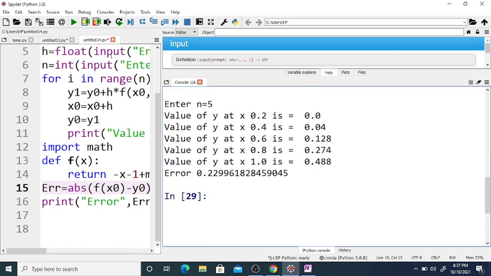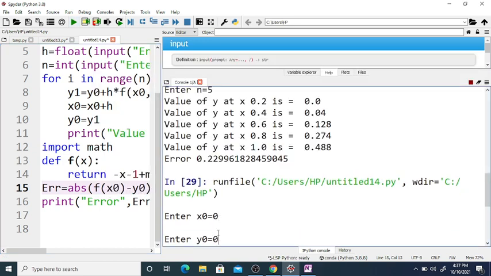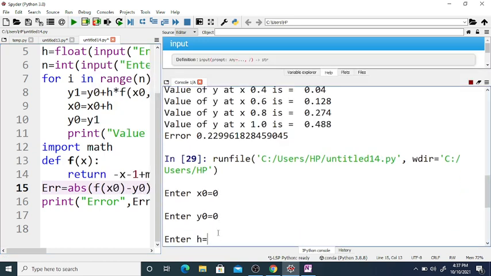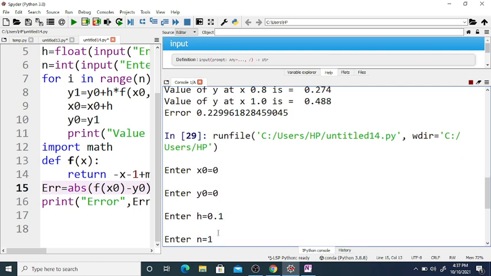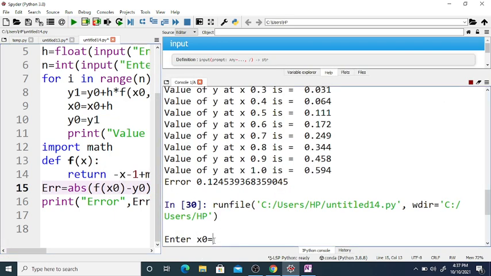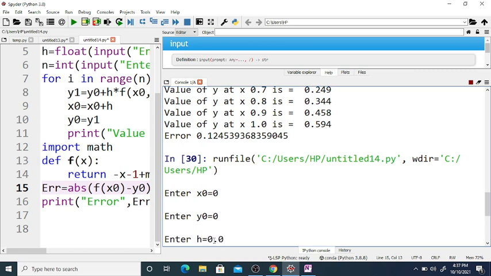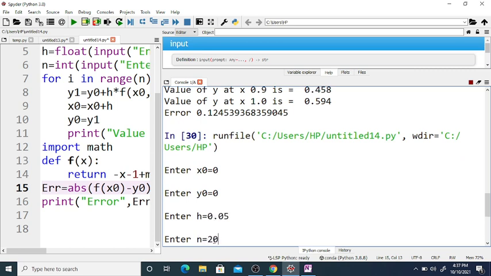For example, if you run one more time, x0 is 0, y0 is 0, h is 0.05, and number of steps say 20.